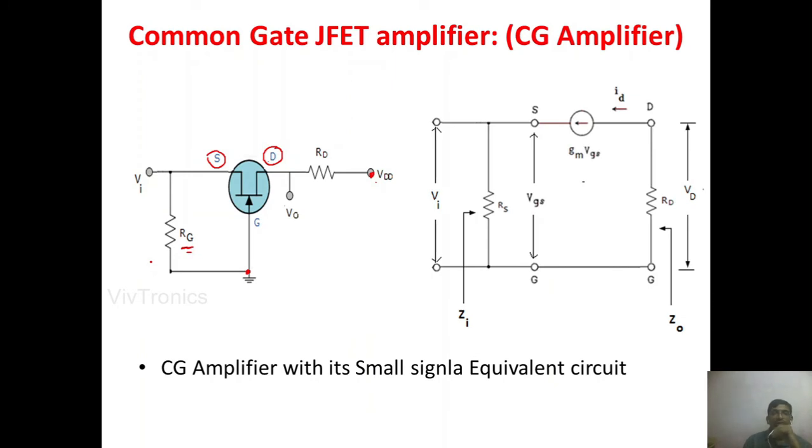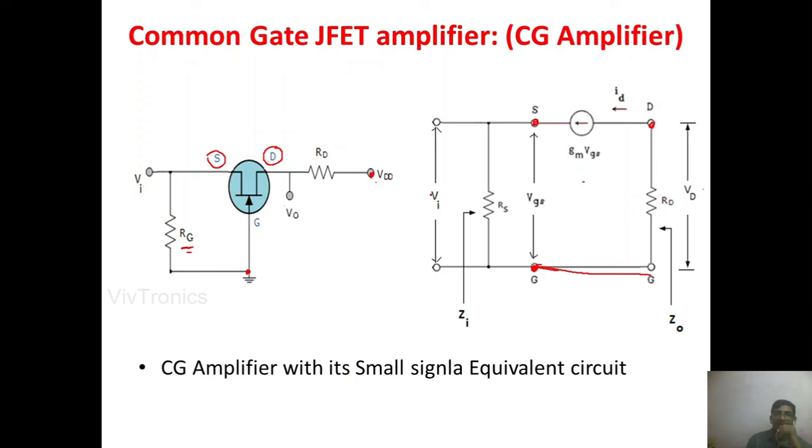So now we are going to draw the AC equivalent circuit of the common gate JFET amplifier. First of all we have to draw the ground line or the common line. The gate terminal is common in this common gate JFET amplifier, therefore we mention the gate terminal here, and this is the common line. Input terminal is the source terminal and the output terminal is the drain terminal.